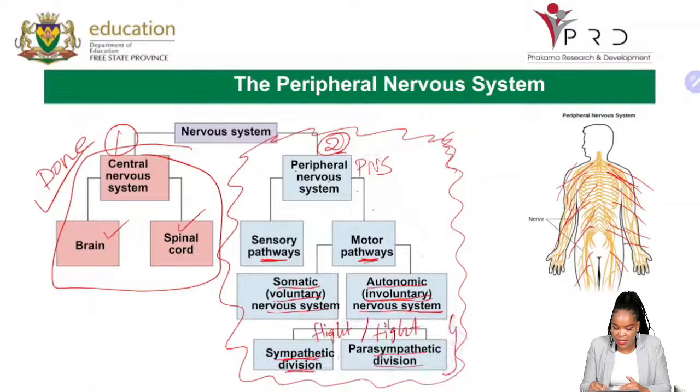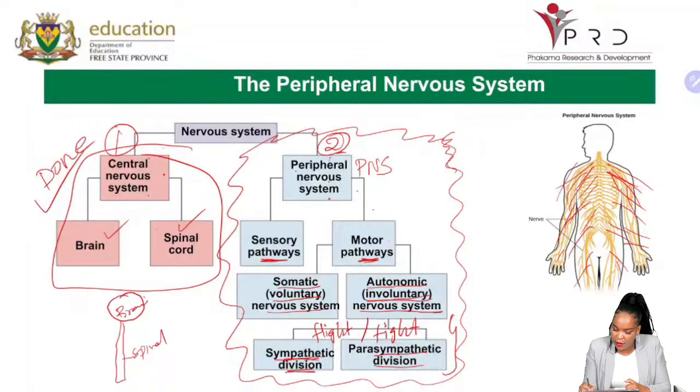So this is just a breakdown of the peripheral nervous system. Right, unlike the central nervous system, this one branches. The central nervous system consists of the brain and the spinal cord. Remember, brain, spinal cord.